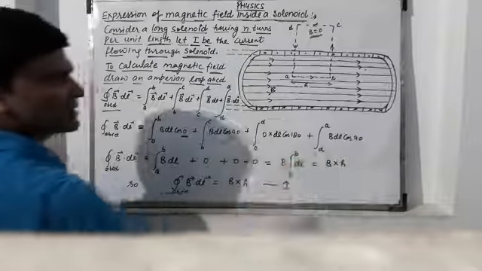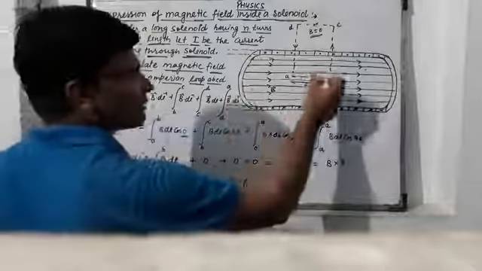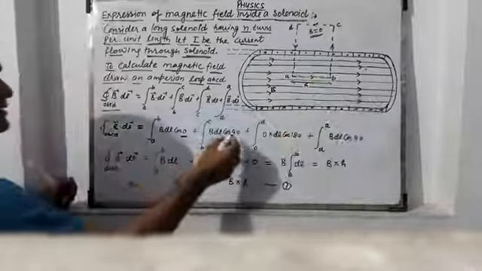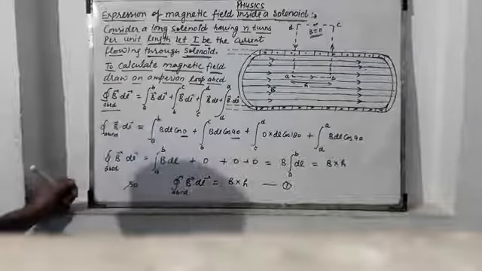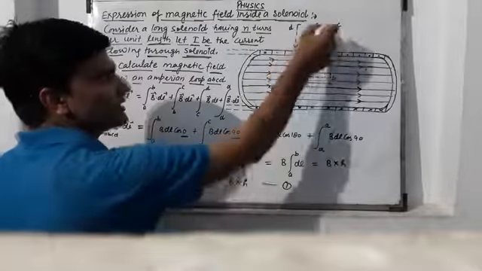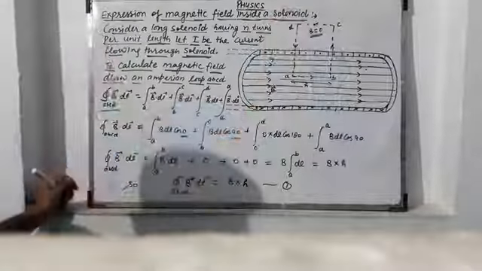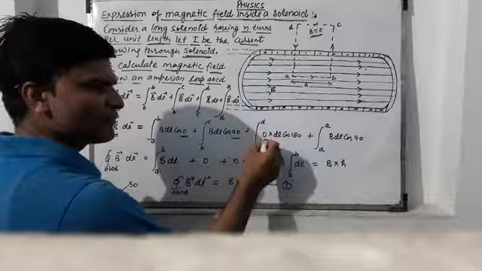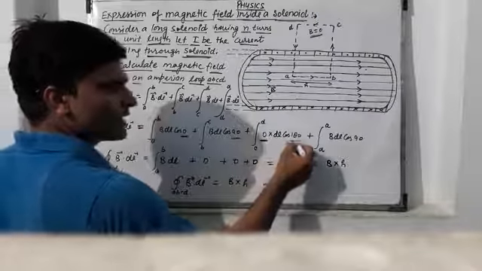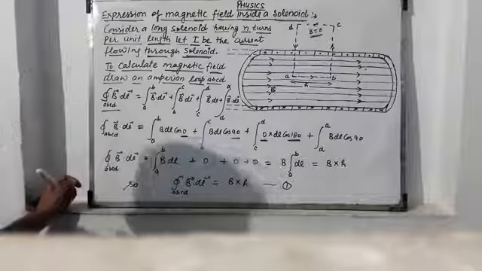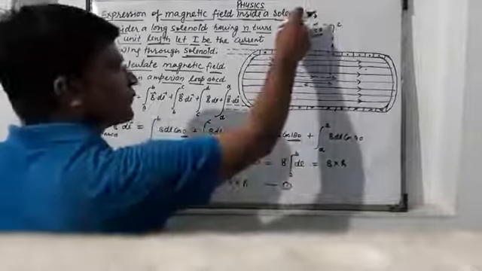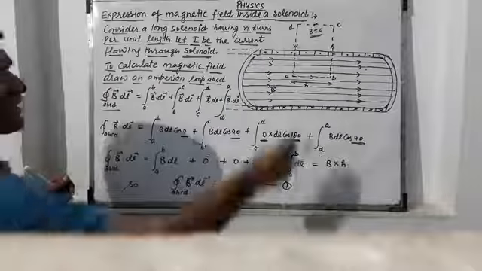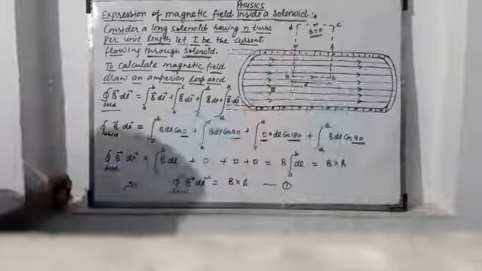For B to C, the angle between loop and magnetic field is 90 degrees. For C to D, this is outside the solenoid, so the magnetic field is 0 and the angle is 180. For DA, the angle is once again 90 degrees.